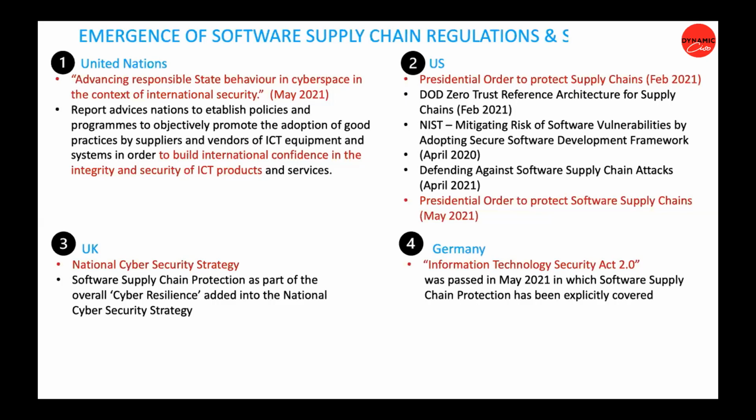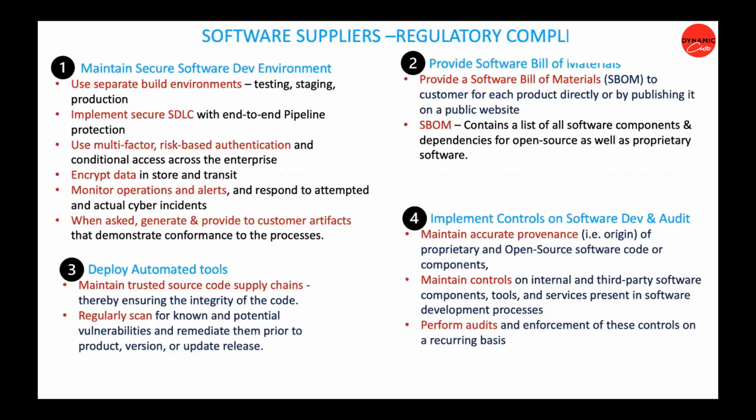Now, what are the main areas that these compliances are looking at? I've just compiled the main points from there. There are four crux of them. They all say that suppliers who develop software must maintain a secure environment, right? They need to have separate build environments for testing, staging, and then production.